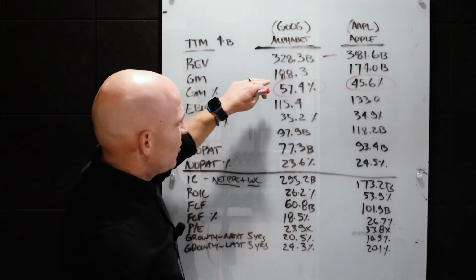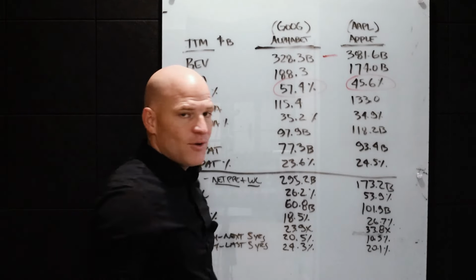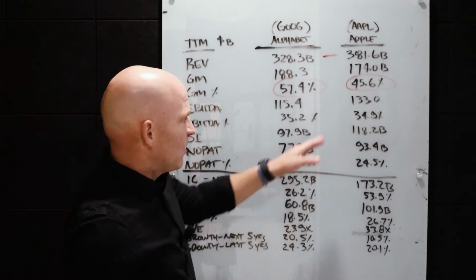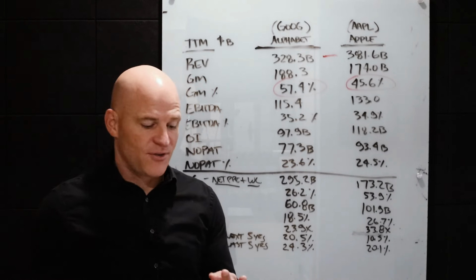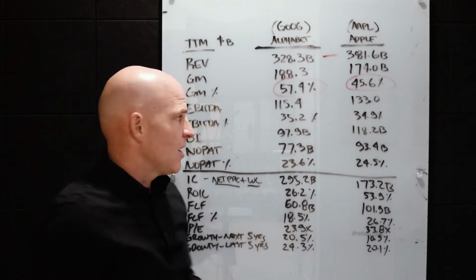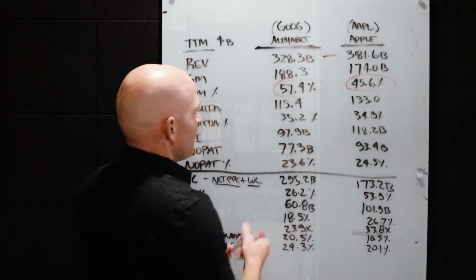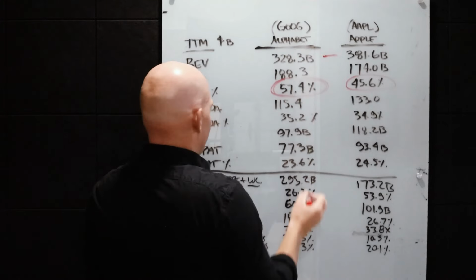So in your business, you definitely want to understand, is this a healthy number for you? And what can you do to improve this? There are 3 drivers: you can increase your price, you can reduce your cost or become more efficient, or you could do more volume. All right, so this is a really important number, and Google has Apple beat.